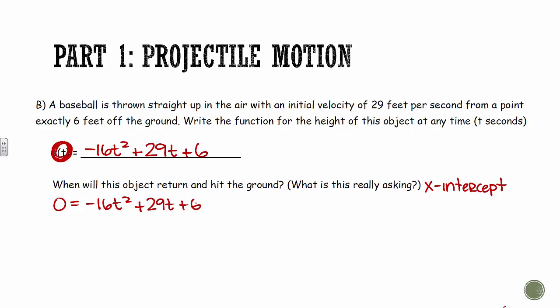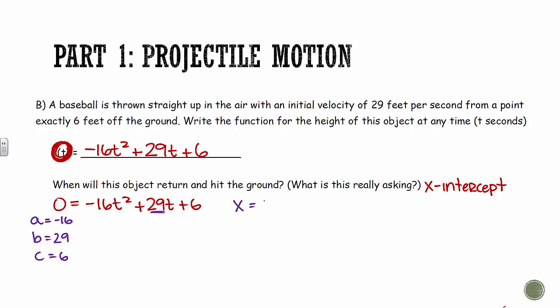It's really up to you. Let's do quadratic formula. And the reason I chose that over completing the square is because if I have to factor out this negative 16, that's going to give me a really messy number right there. So my a value is negative 16, my b value is 29, and my c value is 6.